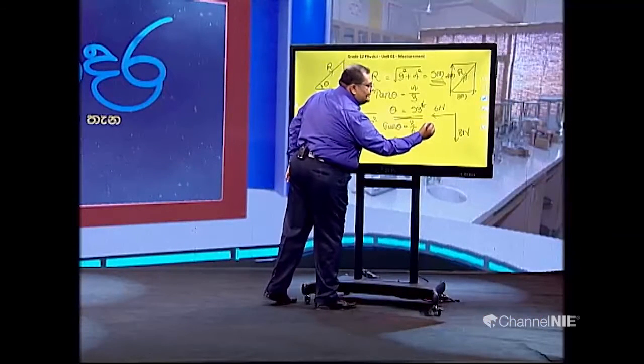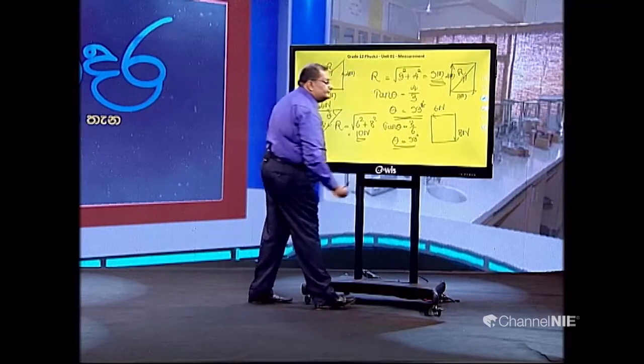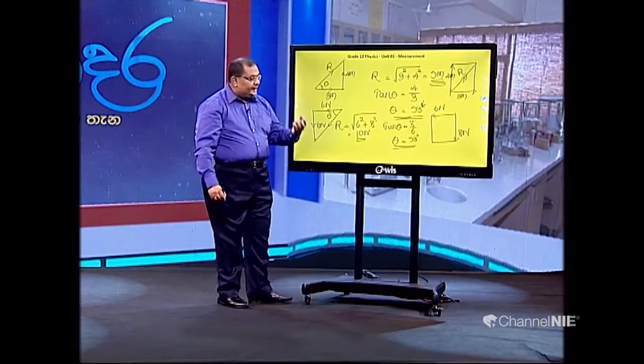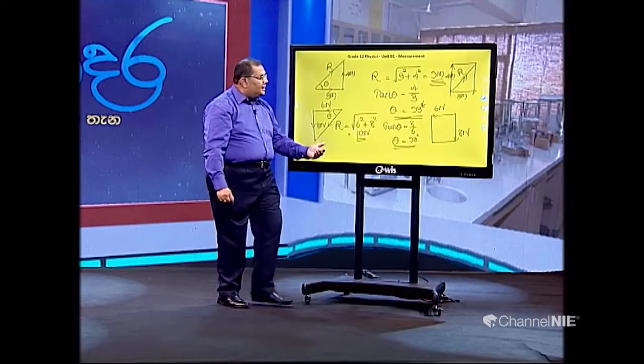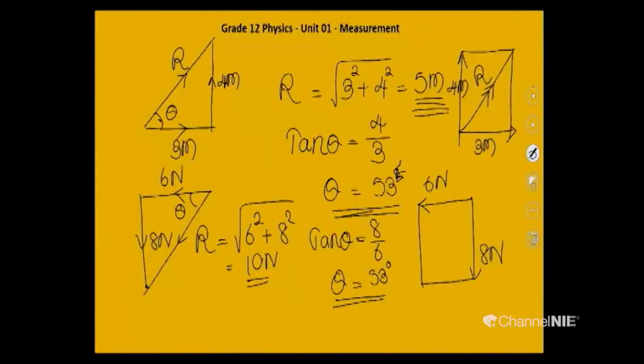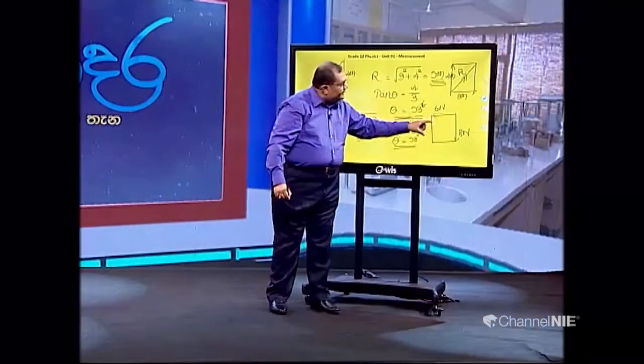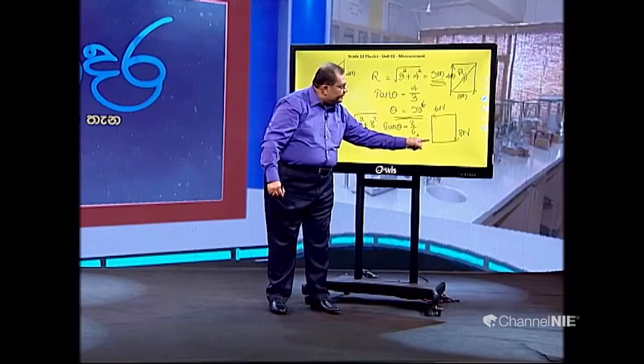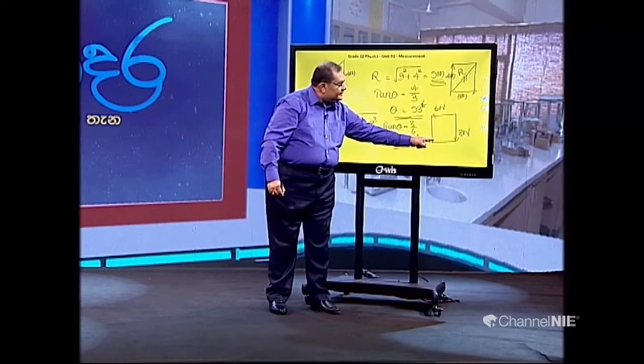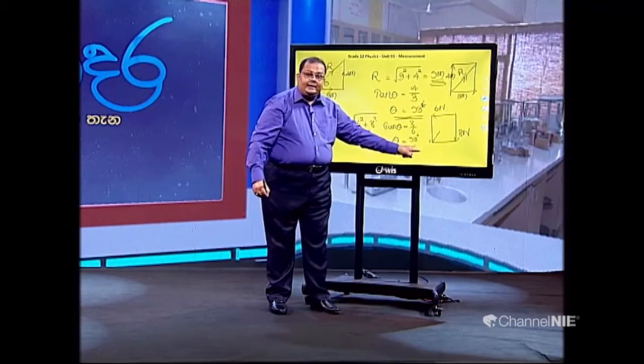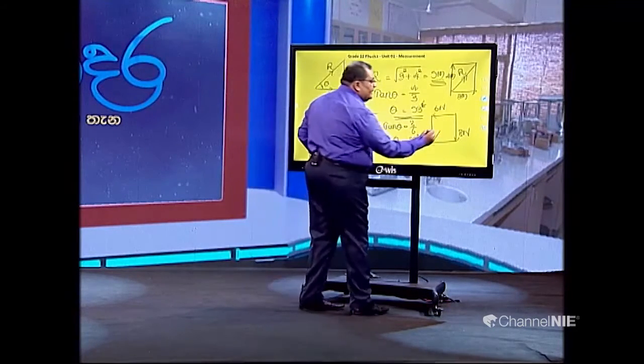Again you have to complete this rectangle, and according to the equivalent vector principle, you can draw this 8 here. After drawing 8 here, from here to here and here to here, the resultant is represented the same way.